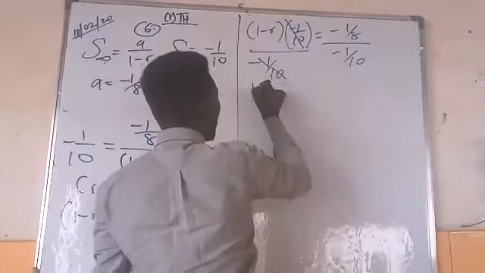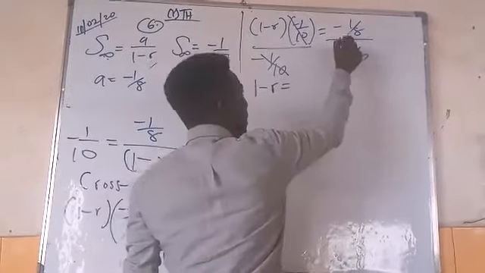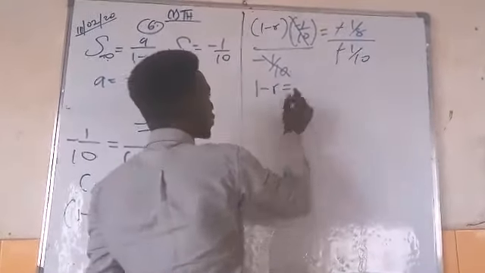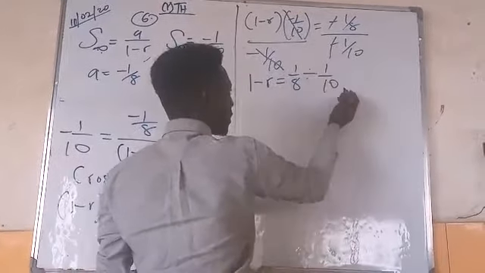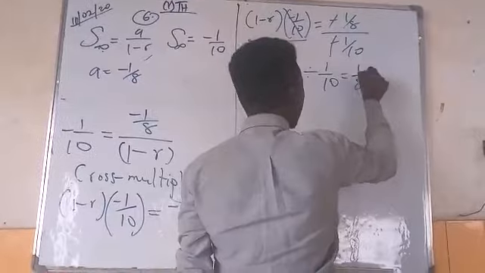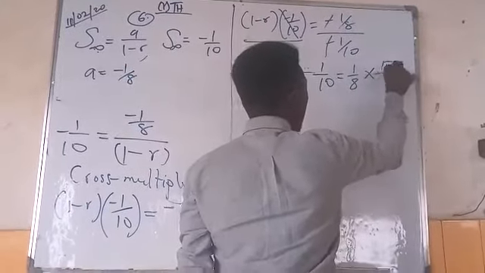So you have 1 minus r equals, minus cancels minus. So you have 1 over 8 divided by 1 over 10, which implies what? 1 over 8 times 10 over 1.